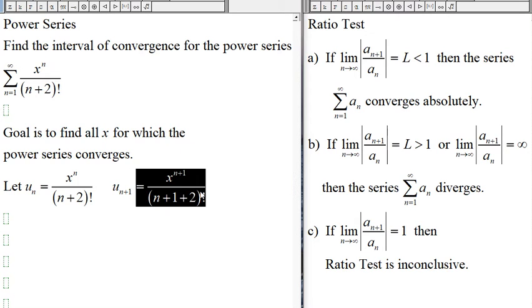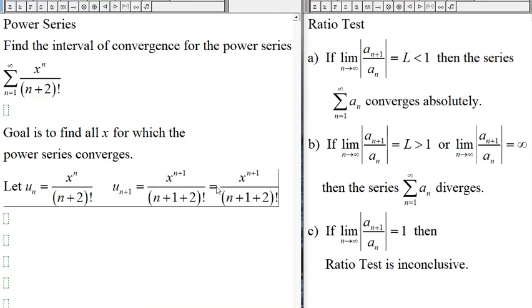And so now we end up with x to the n plus 1, which is the same as x to the n times x to the first, and then this becomes n plus 3.